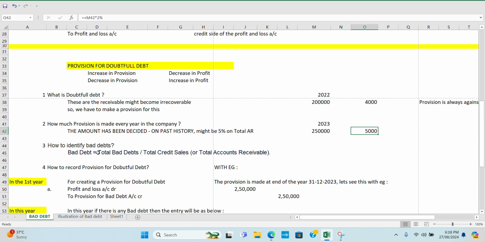How to identify bad debt? Bad debt is equal to total bad debts divided by total credit sale. Total bad debt for the last year is 5,000, divided by total credit sale of 250,000.